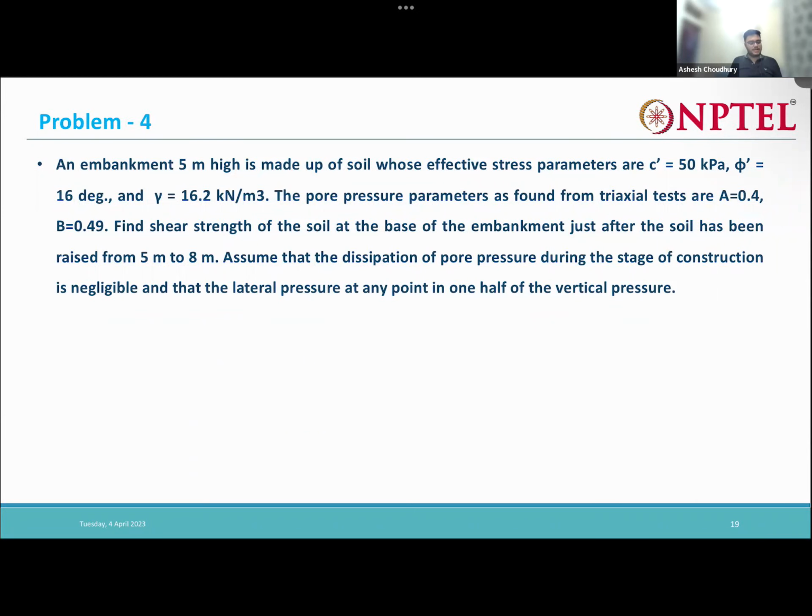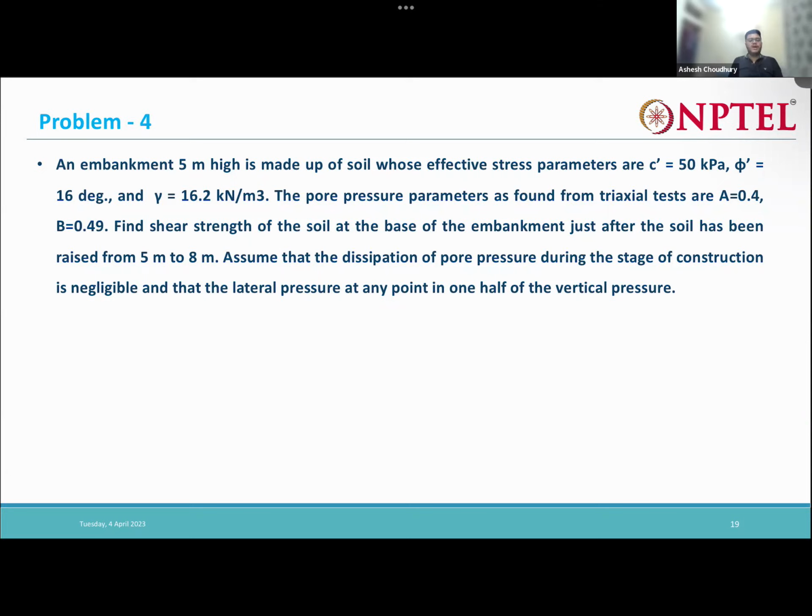So an embankment 5-meter high is made up of soil whose effective stress parameters are C dash equal to 50 kPa and phi dash equal to 16 degrees. And also gamma is 16.2 kilonewton per meter cube. The pore pressure parameters as found from the triaxial tests are A is equal to 0.4 and B is equal to 0.49.